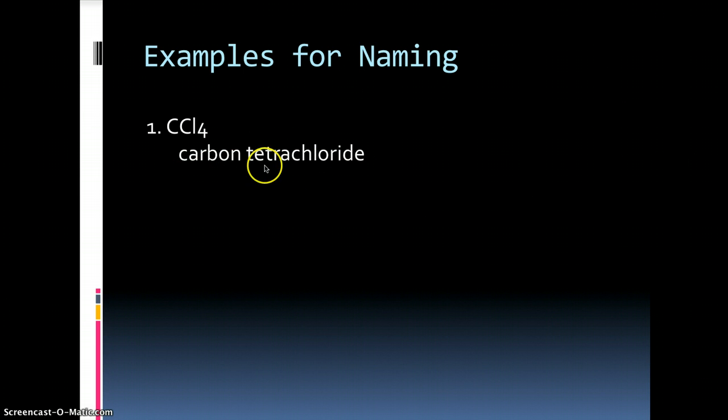So carbon tetrachloride. As2O3, As is arsenic, and there's 2 of them, so that's diarsenic. 3 oxygens would be trioxide. So diarsenic trioxide.